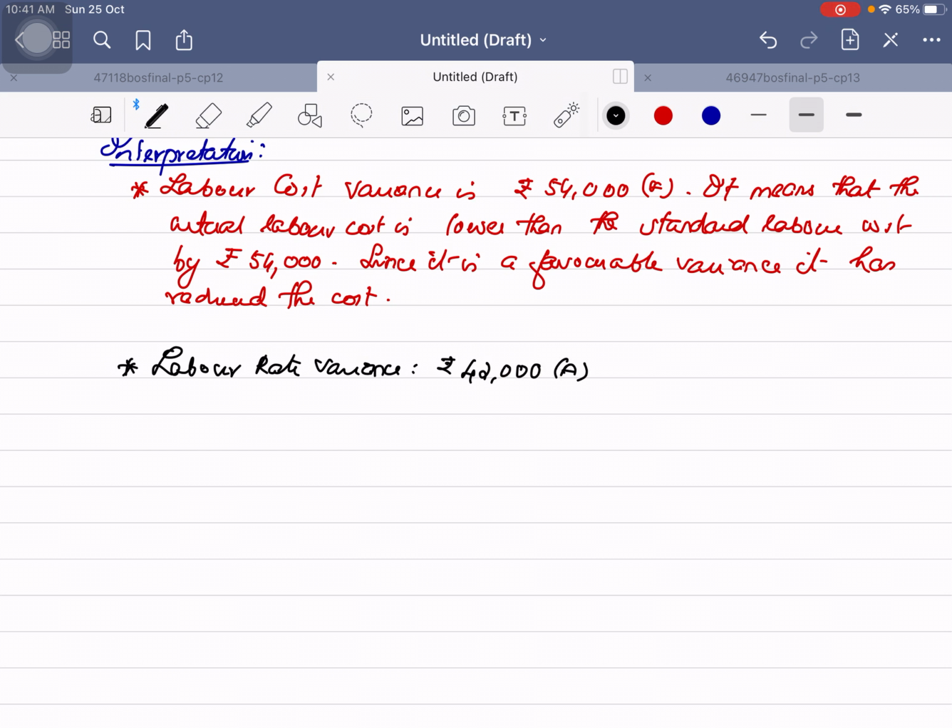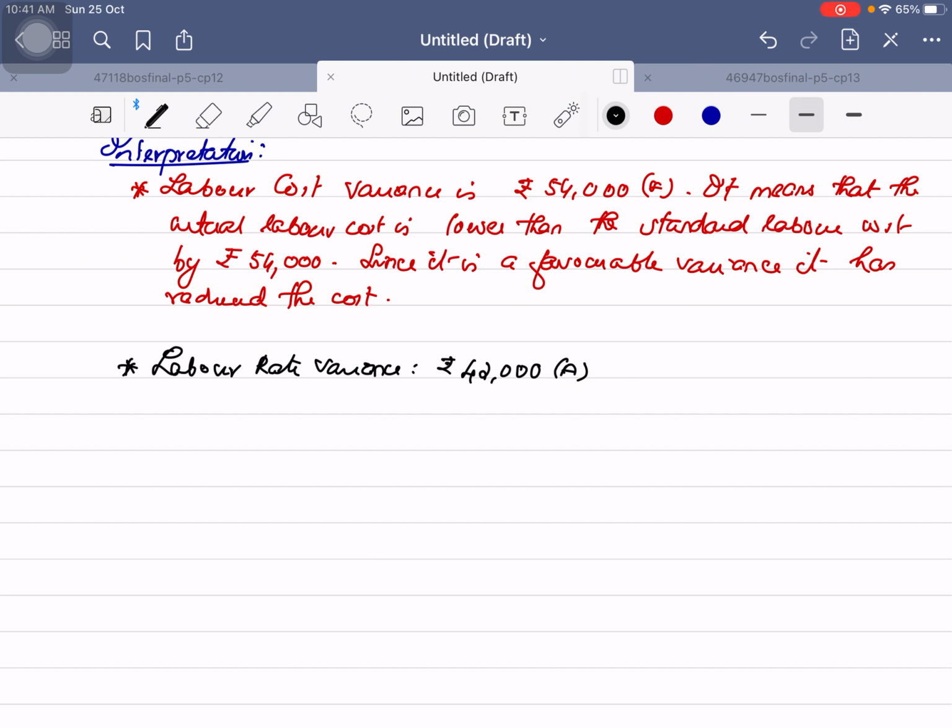You can write, it is the variance in the labor cost due to difference or variance in the standard labor rate and the actual labor rate.